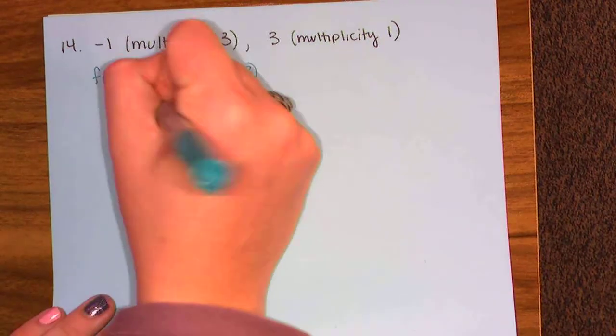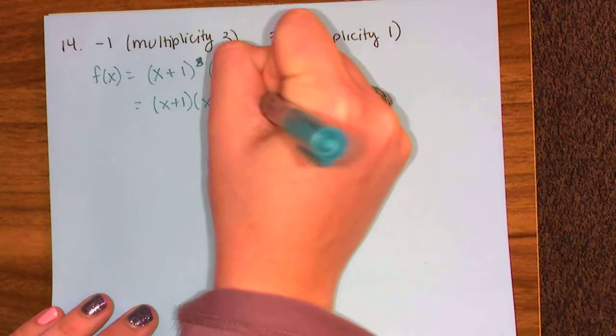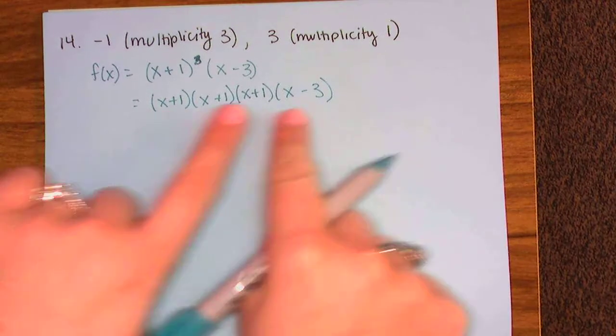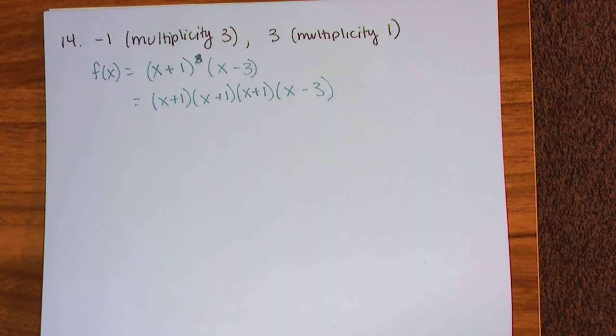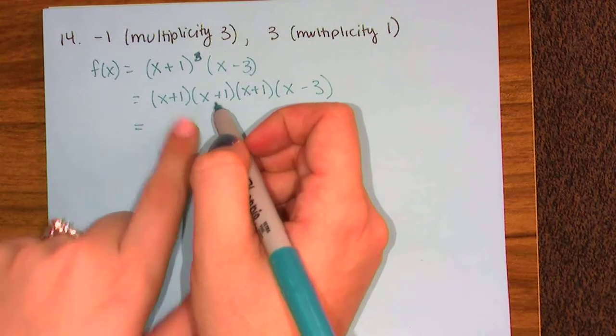So this is really x plus 1 times x plus 1 times x plus 1 times x minus 3. So I would say group the first two, group the second two, just to make your life easier, or less steps that you have to write. So what does this first two give me?